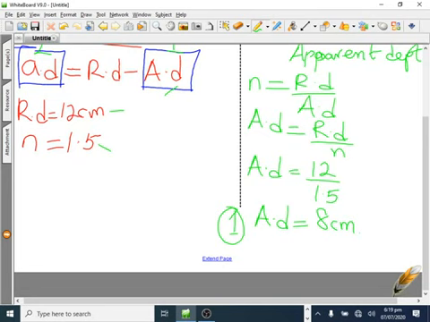Now let's go to our apparent displacement, or they can give it as lateral displacement or upward displacement, any way to call it.